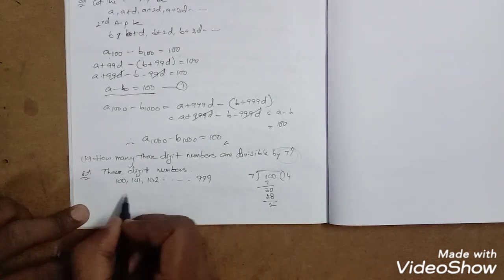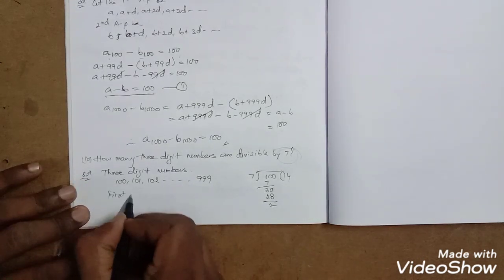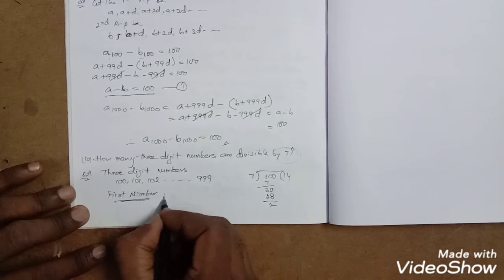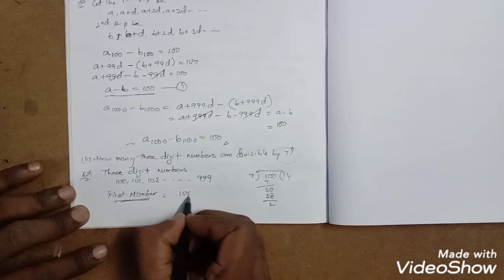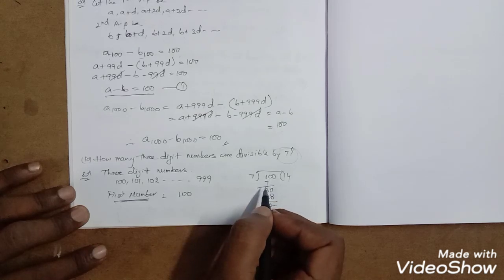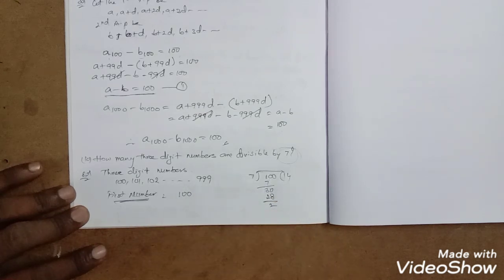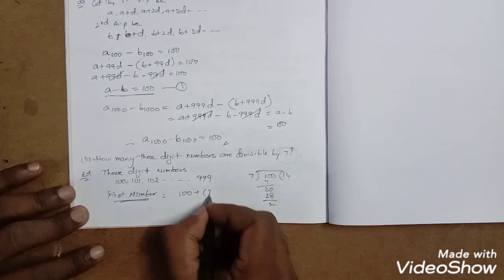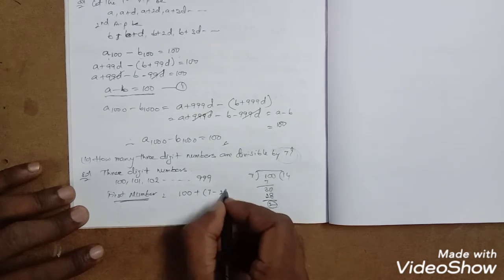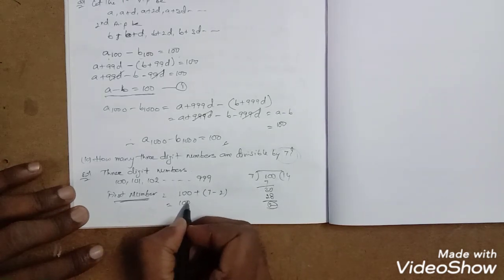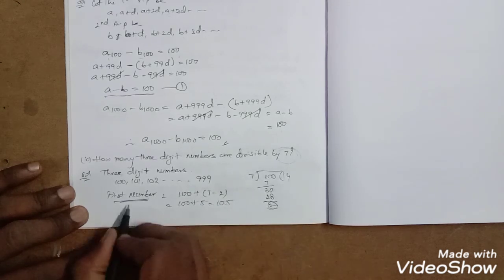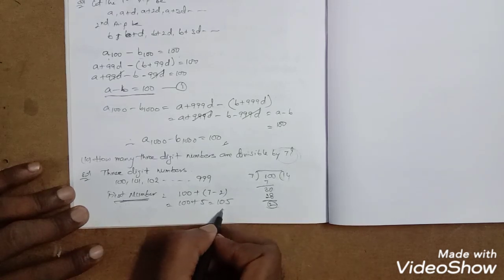So to get the first number, we can write 100 plus 7 minus remainder. So you'll get 100 plus 7 minus 2, that is 5, which is nothing but 105. So I got my first number. First number is 105.